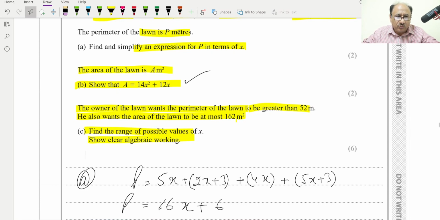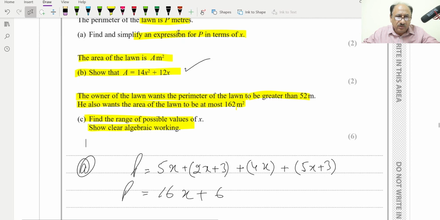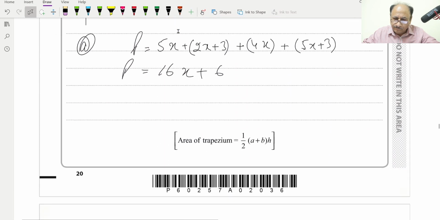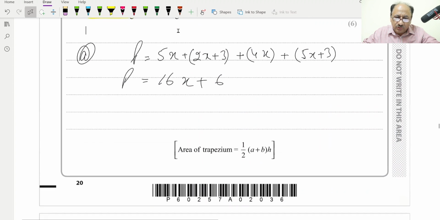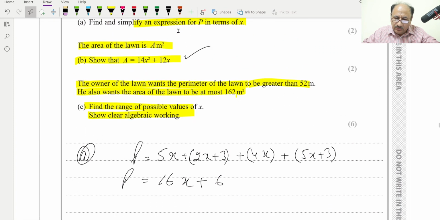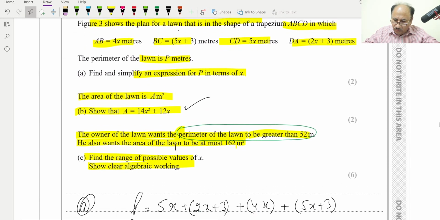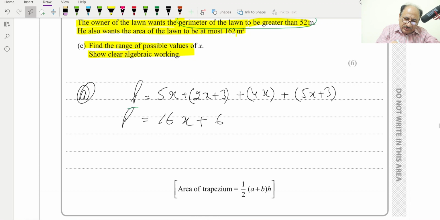So we require the area of the lawn, and the perimeter of the lawn should be greater than 52, and the perimeter of the lawn we have calculated is this much.